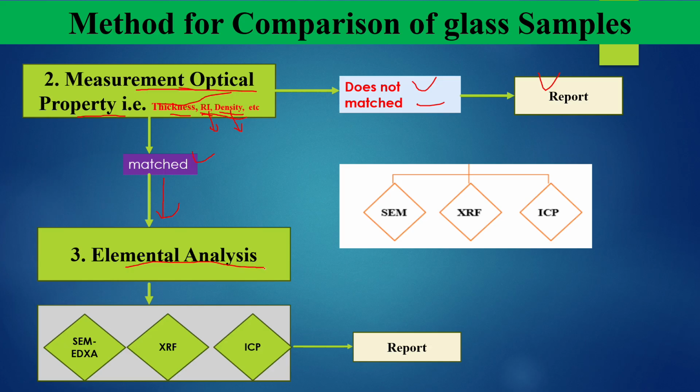For elemental or composition analysis, the techniques and instruments are SEM, scanning electron microscope, with EDX for elemental composition, XRF, X-ray fluorescence spectrometer, or ICP, inductively coupled plasma.